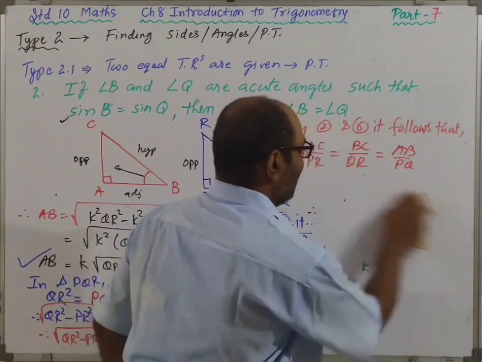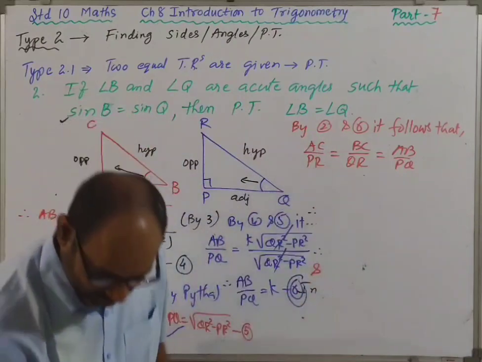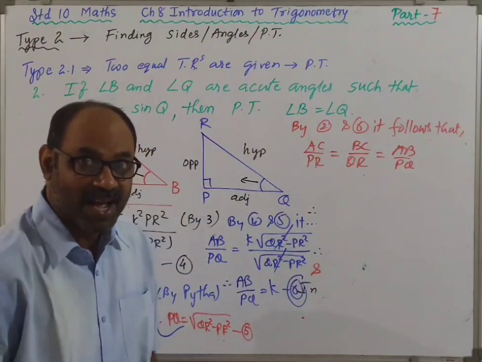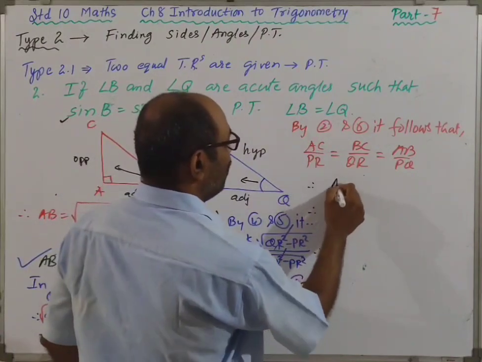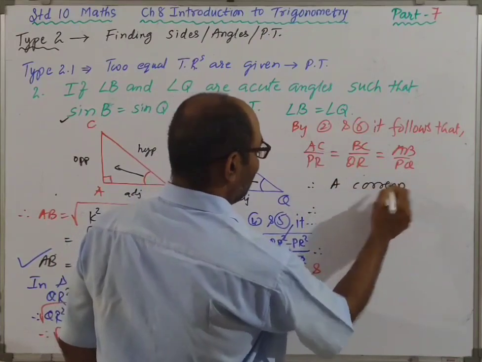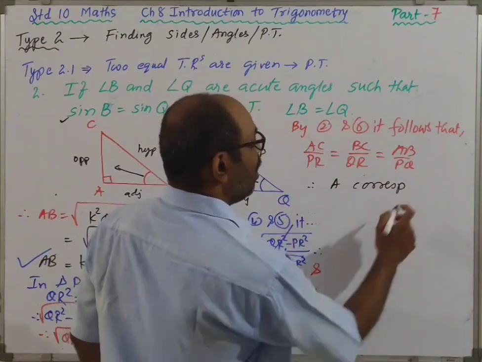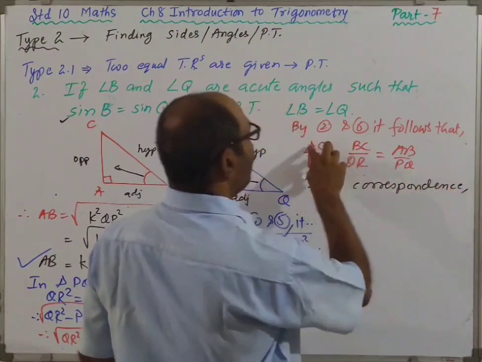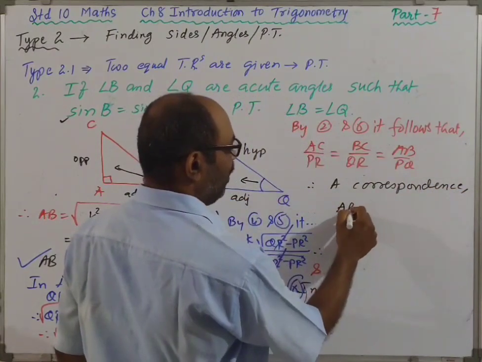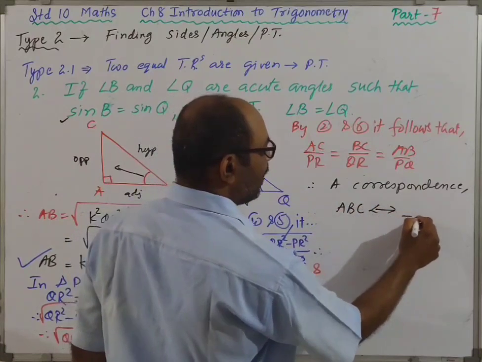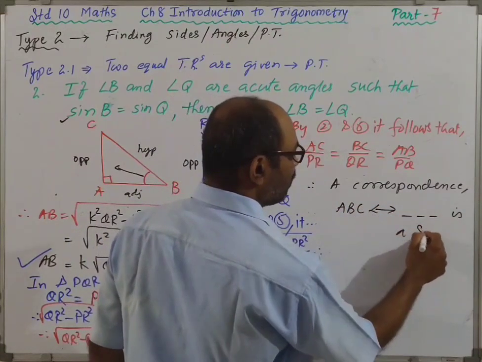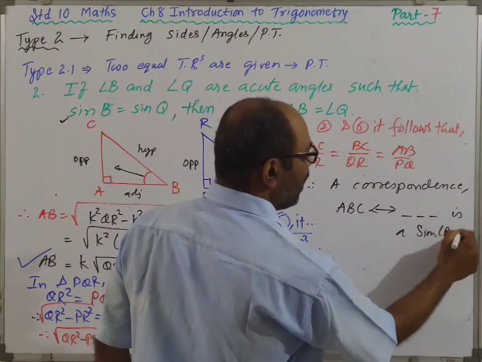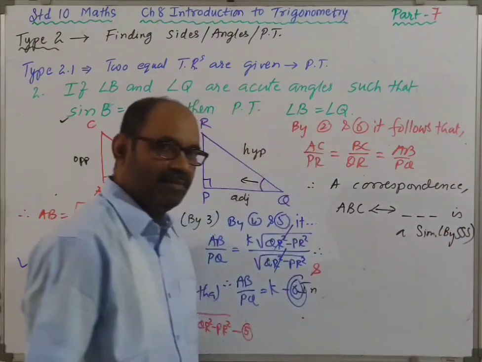Am I right? Side, side, side. It is satisfied for similarity between two triangles. Therefore, a correspondence. Upper AB, BC, AC. Yes, I am writing ABC corresponds to dash, dash, dash is a similarity by SSS theorem.